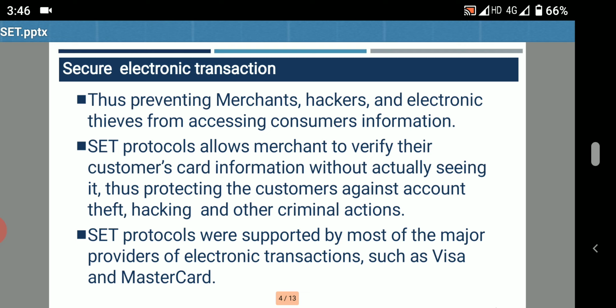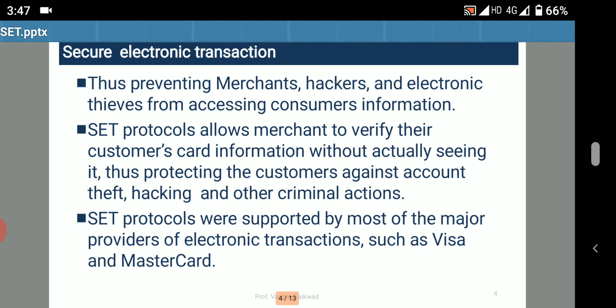SET protocols allowed merchants to verify their customers' card information without actually seeing it, thus protecting the customers against account theft, hacking, and other criminal actions. So SET protocols keep all the information safe, confidential, and secure.